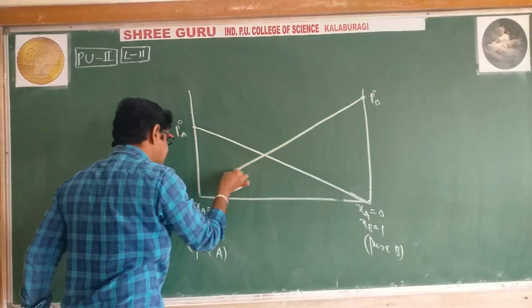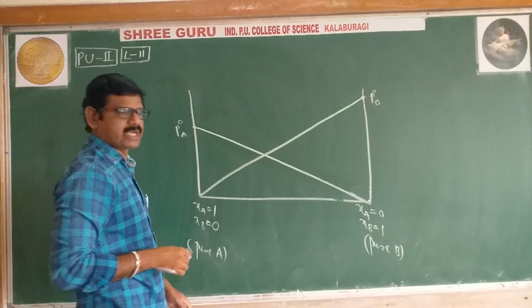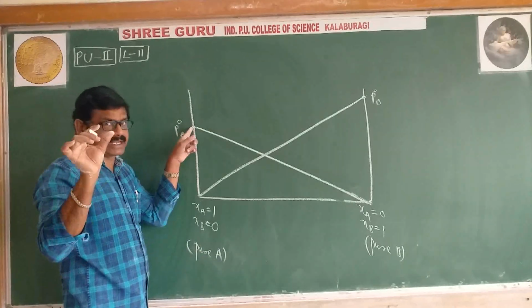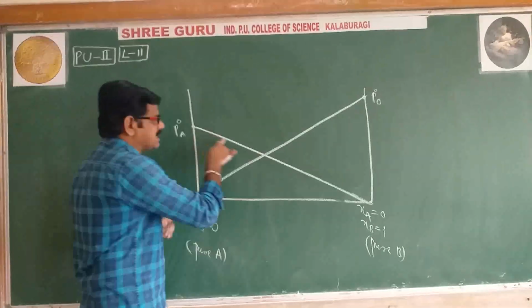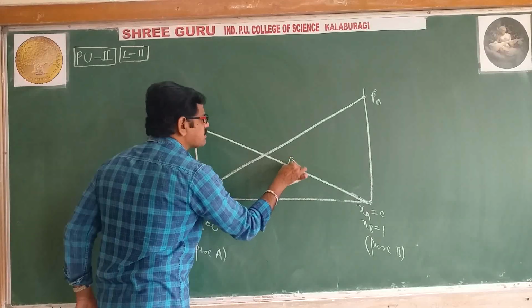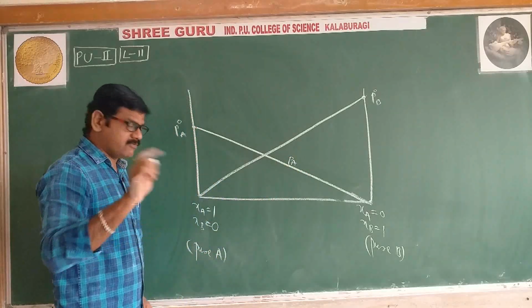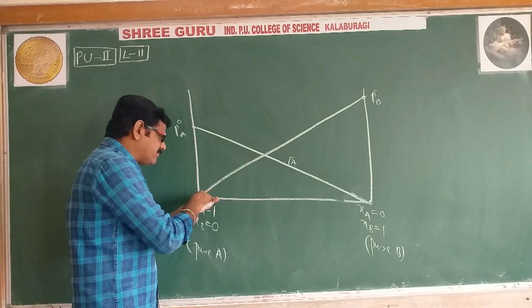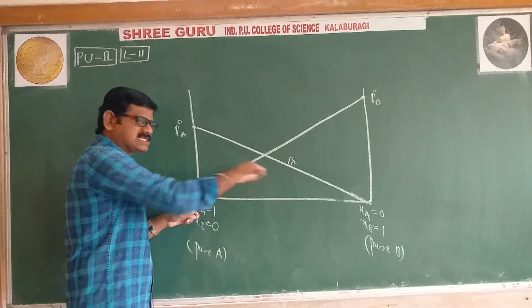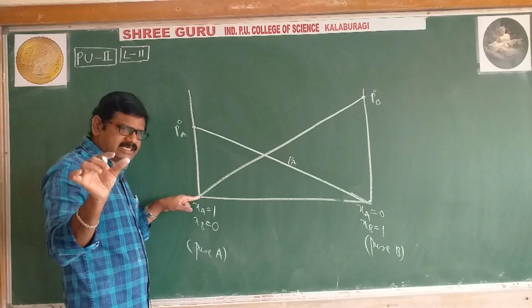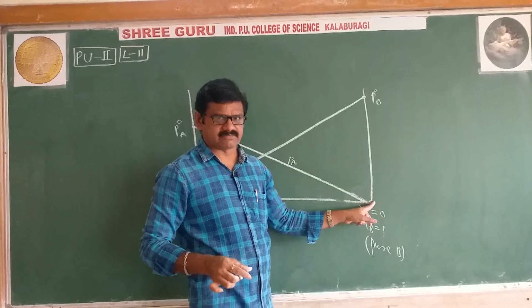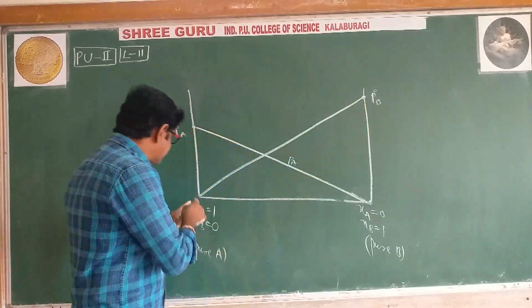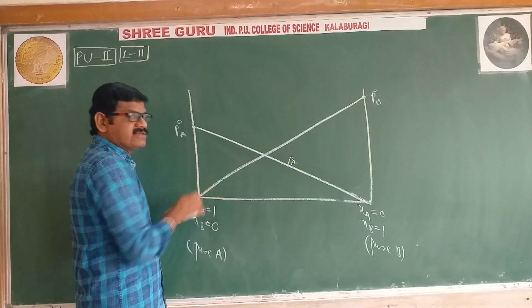Now we are showing here only P naught A and P naught B, but this entire line is not P naught, it is just PA. Why? Because after crossing this point, we have a mixture. Here only component A is there, and here only component B. But once you cross this point, we have a mixture.